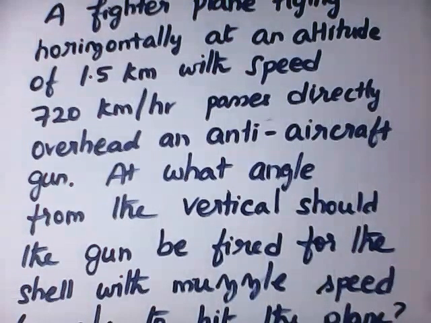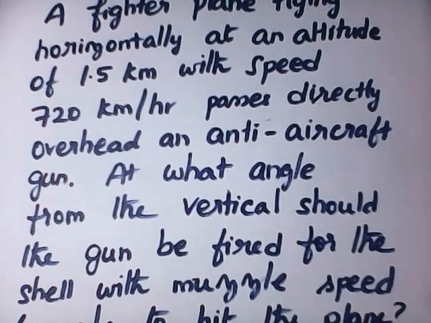This is the horizontal speed. This 720 km per hour can be converted into meters per second by multiplying by 5 by 18, or simply multiply by 1000 for kilometer and divide by 3600 for hours to second conversion.